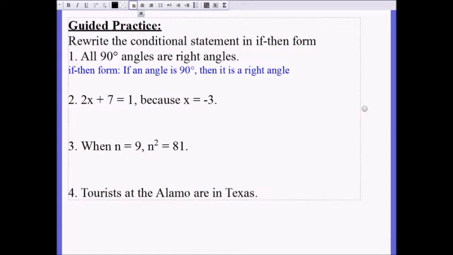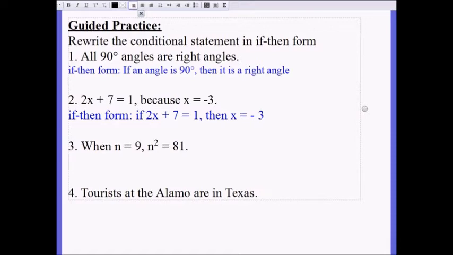Your if-then form would be, if 2x plus 7 is equal to 1, then x is equal to -3. So you see, the front part of your statement is probably going to be the if. The second part is going to be a then. Let's try another one.